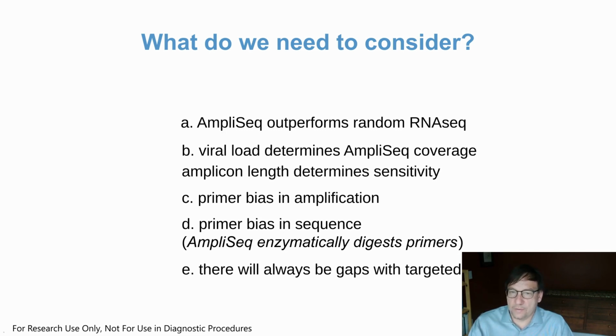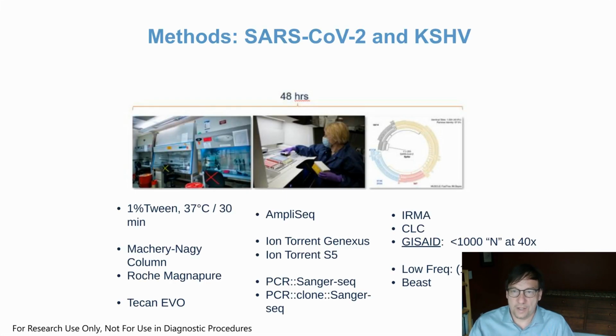I'll show you evidence of a primer bias in amplification, and evidence of a primer bias in sequencing, and that's really where AmpliSeq is different from all other approaches, in that it enzymatically digests primers before library build. And I will show you that there are always gaps in any targeted amplification design.